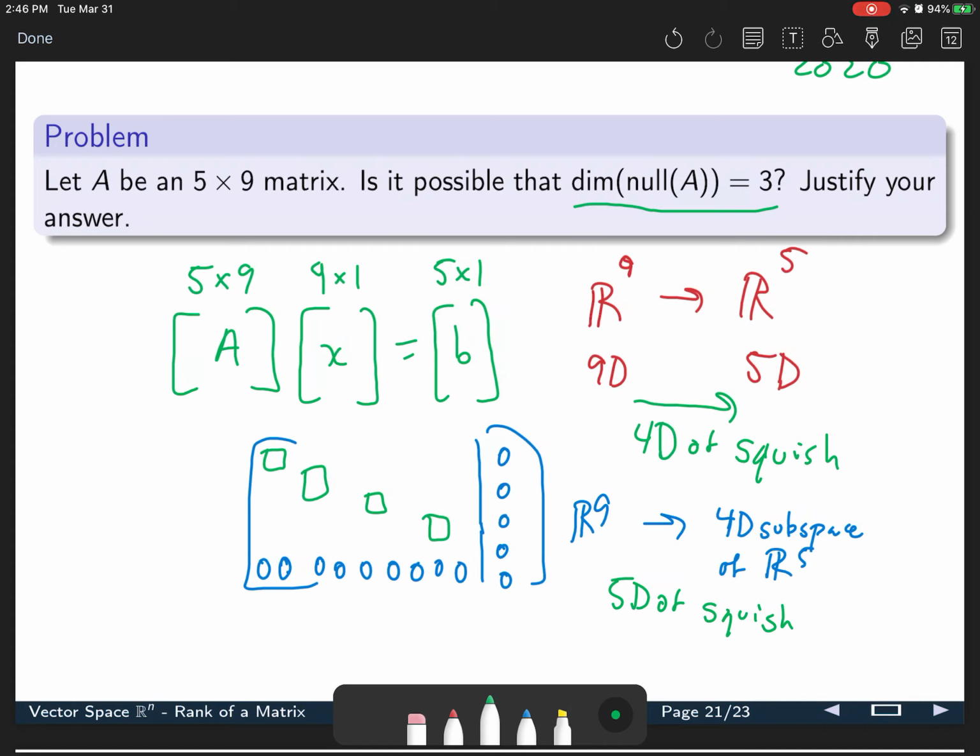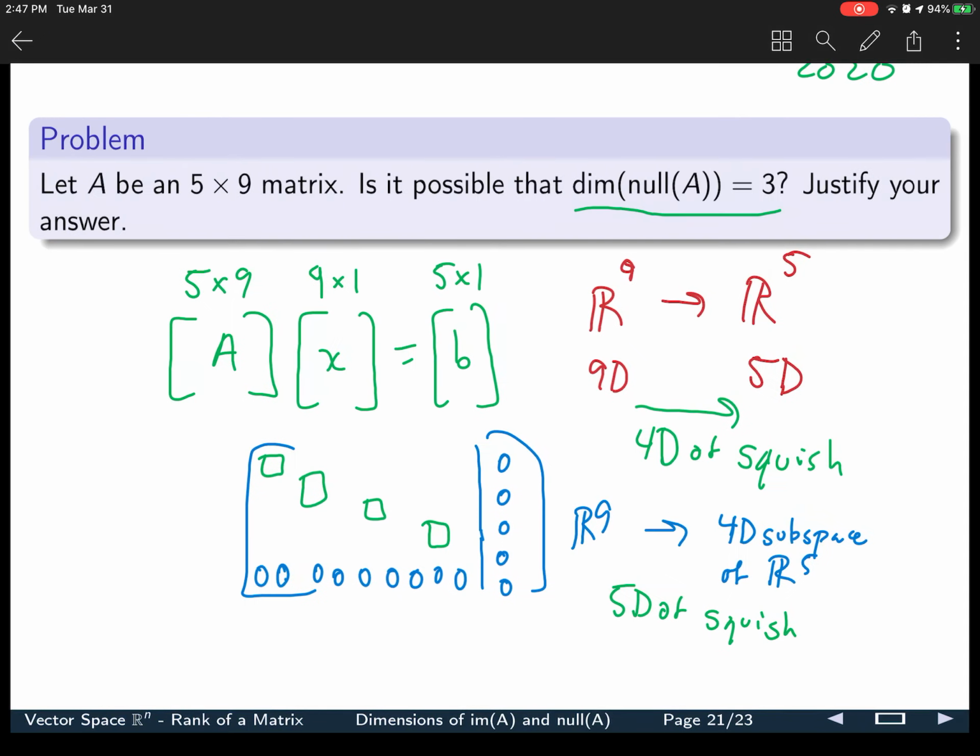It'd be the 0 matrix. But in theory, you could take all of 9 dimensions and squash them onto the 0 vector in 5-dimensional space, and that would require 9 dimensions worth of squishiness. So you would have a 9-dimensional null space there. Hopefully that made a little bit of sense.